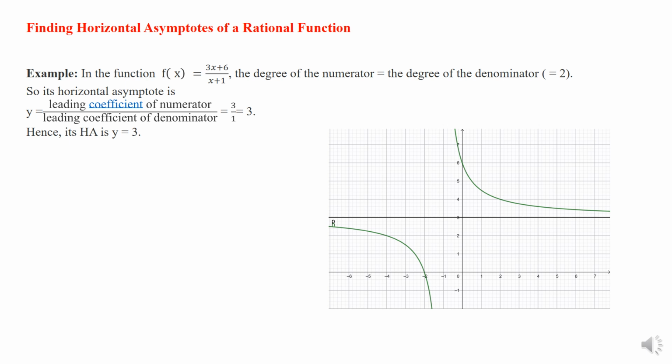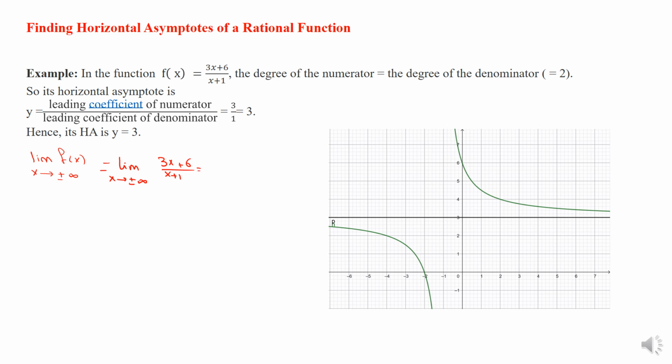In general, the horizontal asymptote is the limit of f of x as x tends to plus or minus infinity. How do you solve it? It is the limit as x tends to plus or minus infinity of (3x plus 6) over (x plus 1).